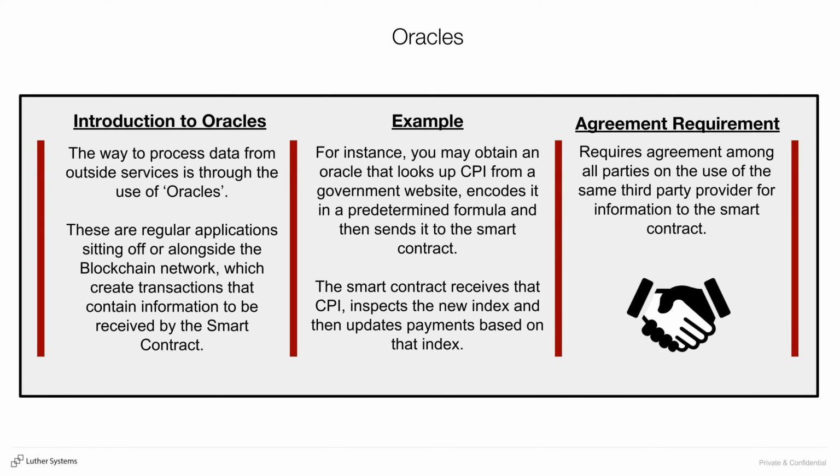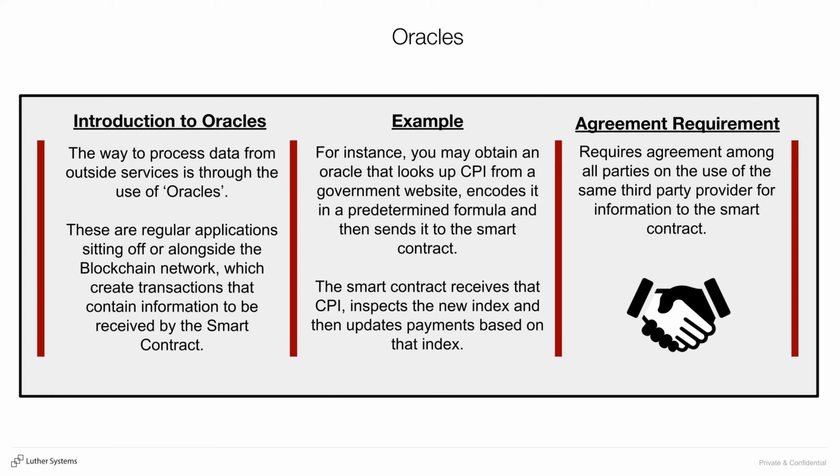this concept of oracles, which are regular applications that are sitting off the blockchain network or alongside the blockchain network, and they're creating transactions that contain information to be received by a smart contract, and the smart contract will then validate that the message is generated by the right entity, and then take that data and process it.